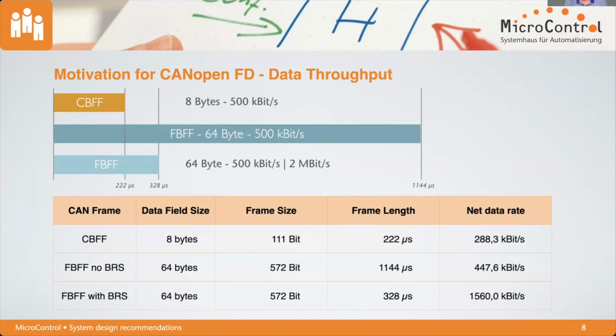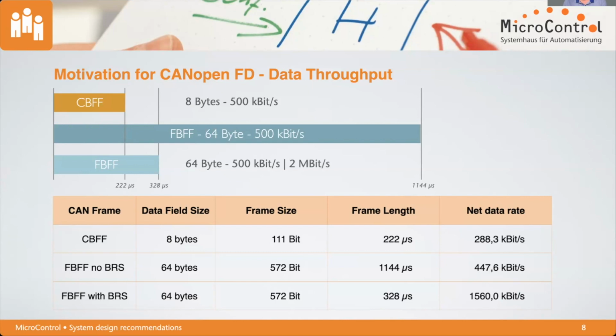And we get from that a frame size of 111 bits. And just for the protocol, I don't calculate any stuff bits in here, so I just take the net bits. So we have a net data rate here of 288.3 kilobits per second if we're sticking to classical CANopen.